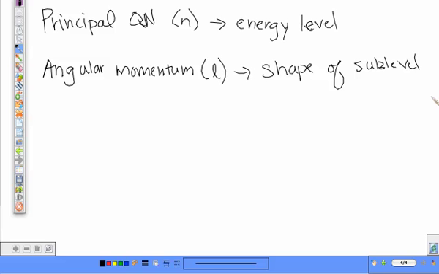The shape of the sublevel. When you're talking about S, P, D, and F, those are called sublevels because they have individual orbitals, but the orbitals have different shapes too. And this L can equal what?